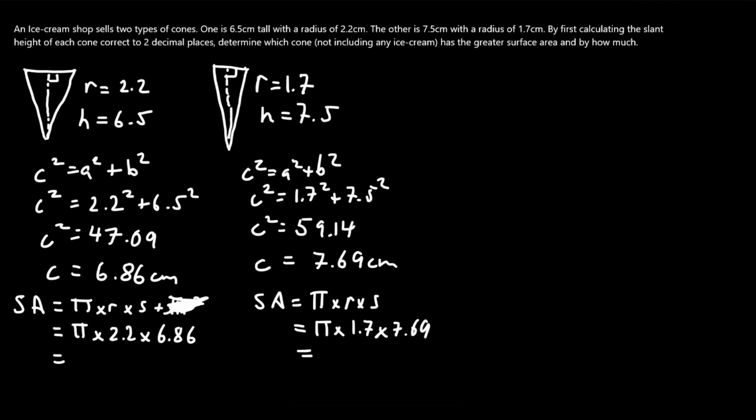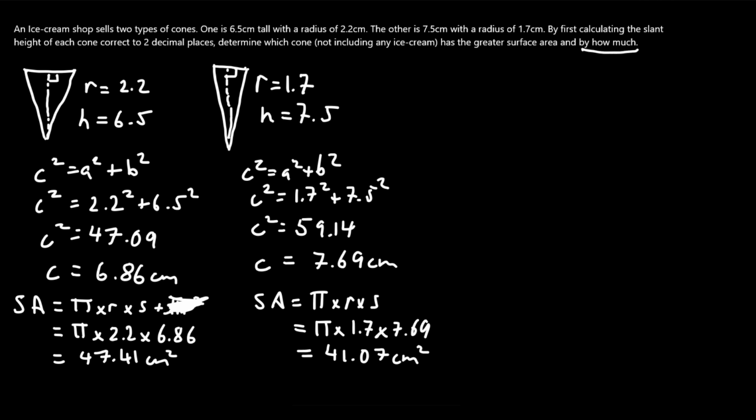Alrighty, so for the surface area of our shorter cone, but it's a little bit wider, that was 47.41 centimeters squared. And the surface area of the other cone, the taller, thinner one, was 41.07 centimeters squared. So we've worked out which one's greater, but we haven't done by how much.